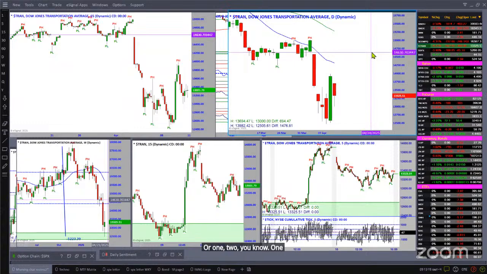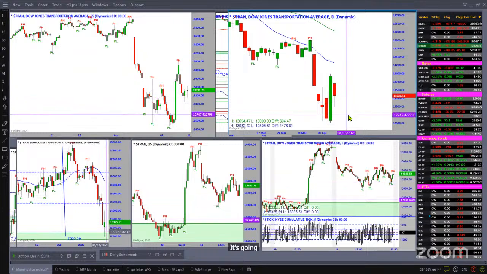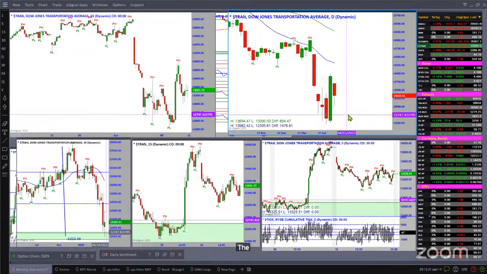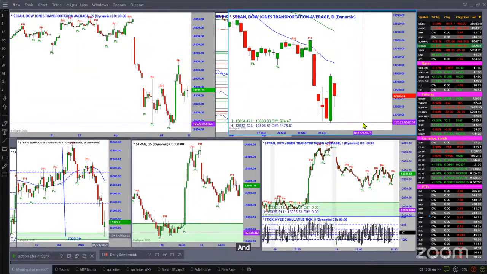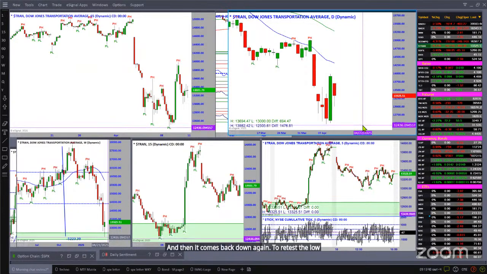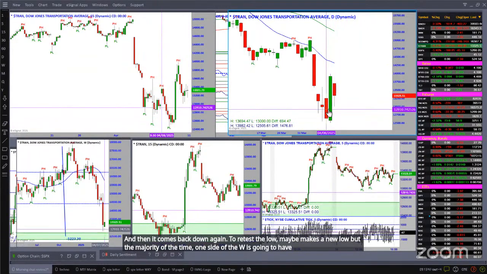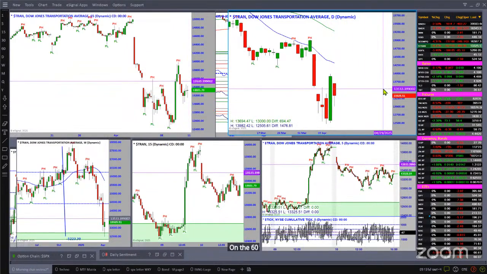I forget, it's been so many years. One, two, three, whatever. It's going down, it's going to go sideways. When you say W, it's some kind of a retest. Now, the textbook type of a retest has a shallow retracement up, and then it comes back down again to retest the low. Maybe it makes a new low, but the majority of the time, one side of the W is going to have a power bar on the 60. And which contract or which market?